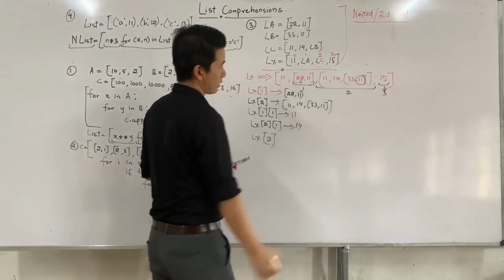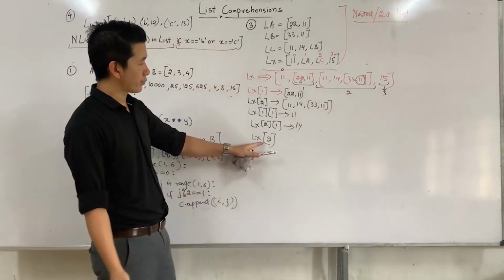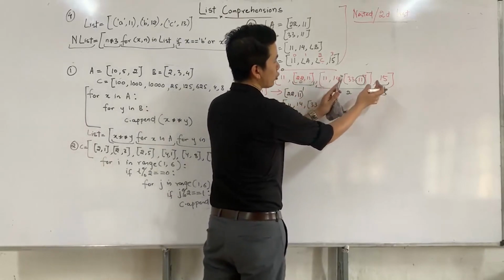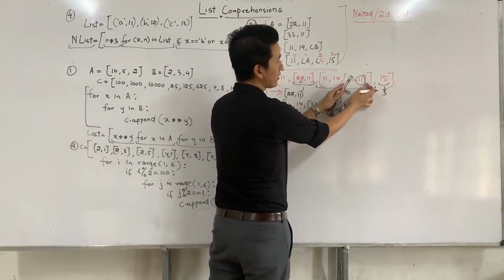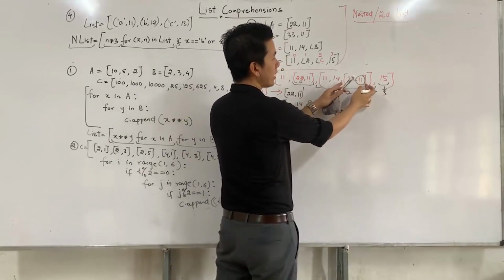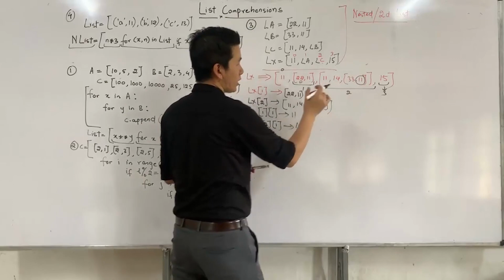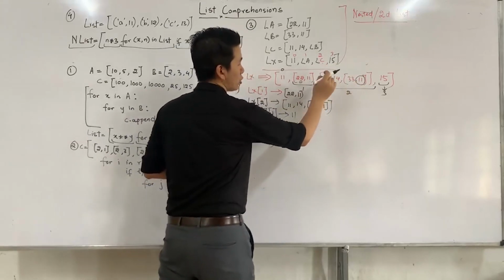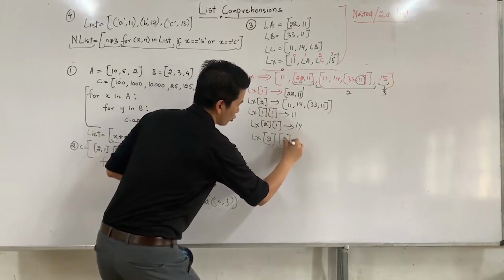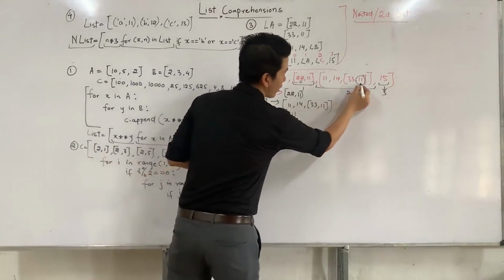I need to refer to this, and then once I reach here, I need to reach this. Now this is the third element, the element with the index of 2. So how do I reach here? 0, 1, 2, and then I write here 2. And then finally, how do I reach here?